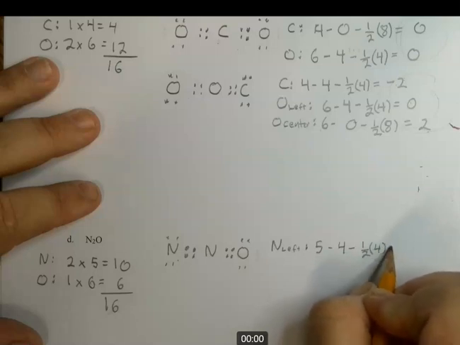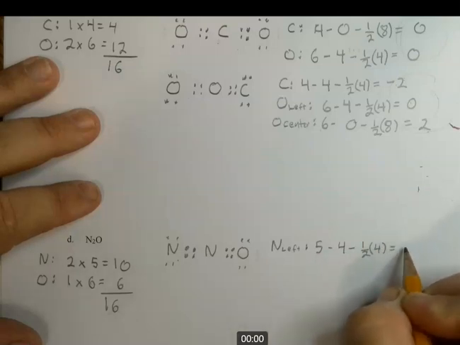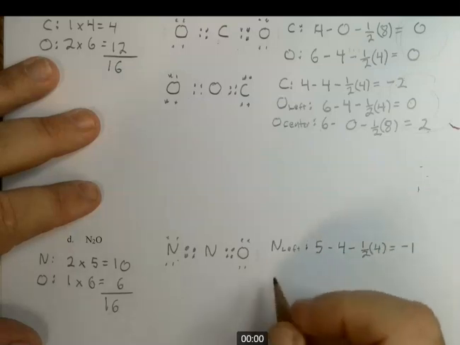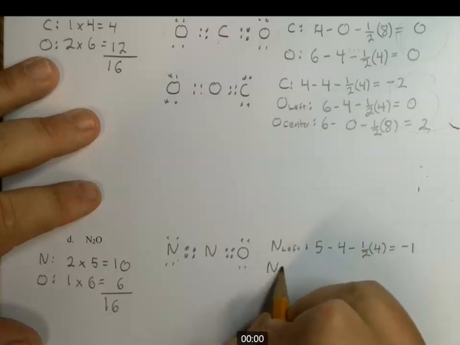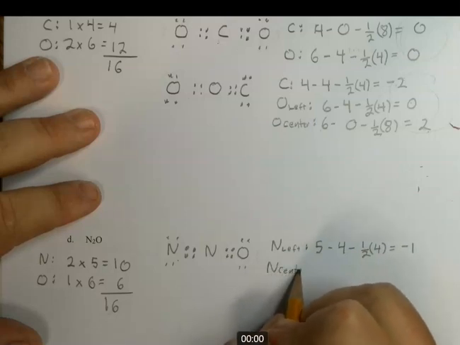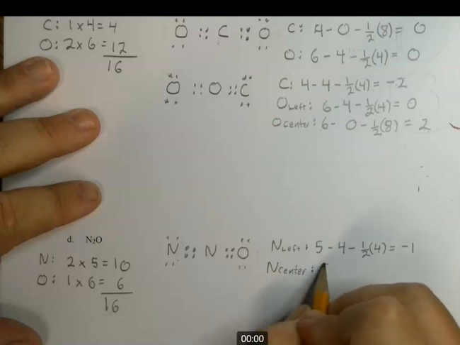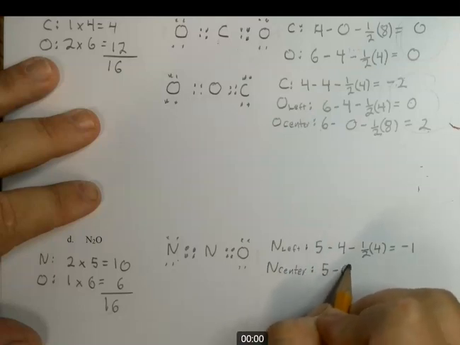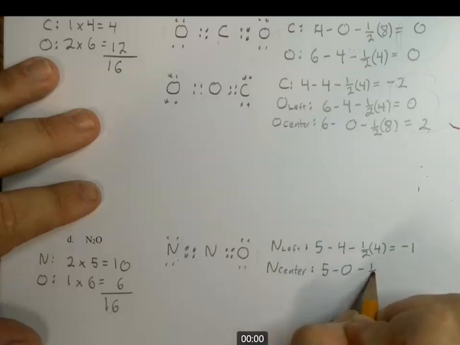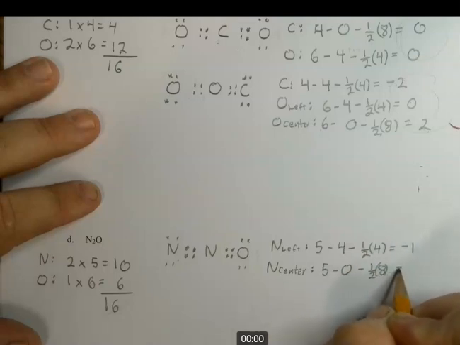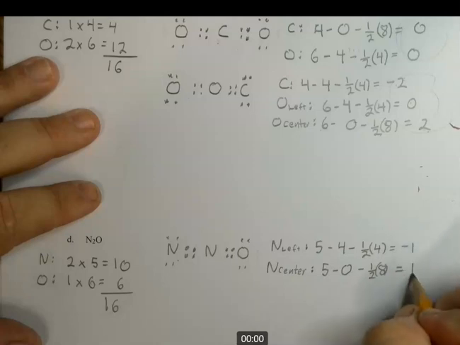So it's 5 minus 4 minus 2 equals -1. Now let's do the nitrogen center. And that's 5 minus 0 non-bonding minus 1/2 of 8. And that's going to equal 1.